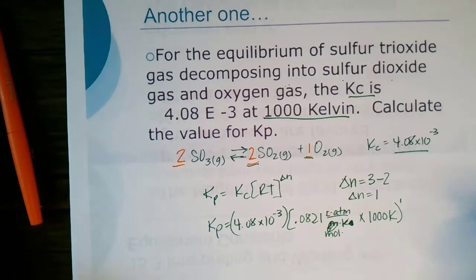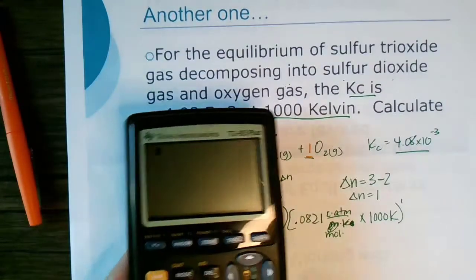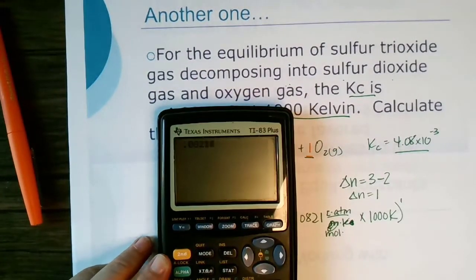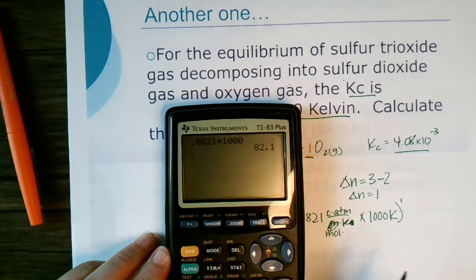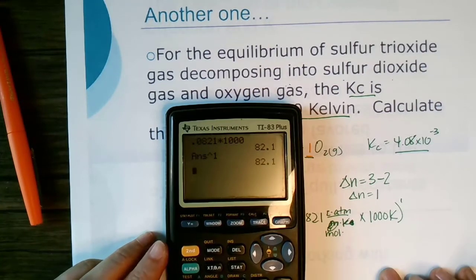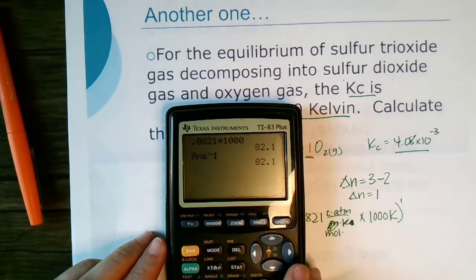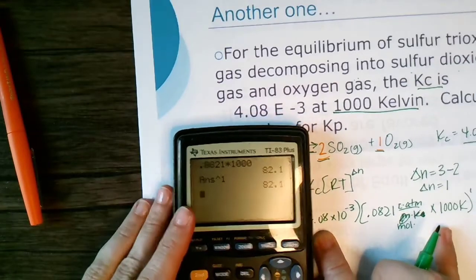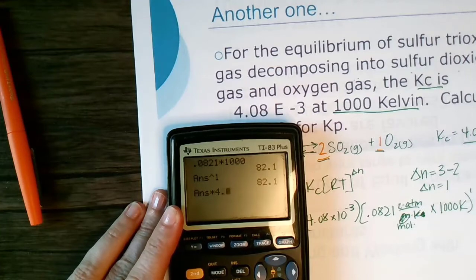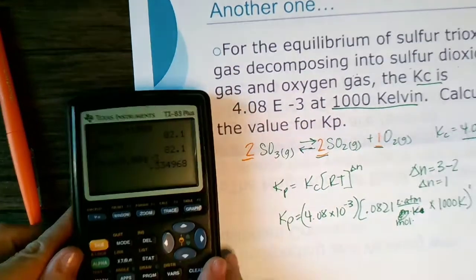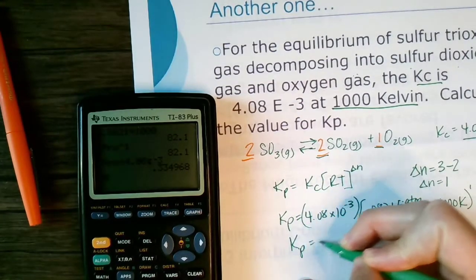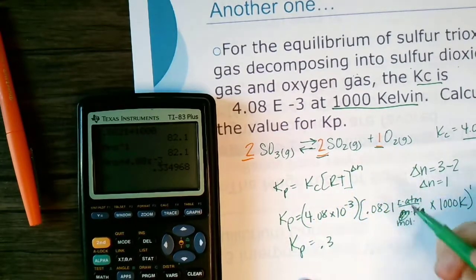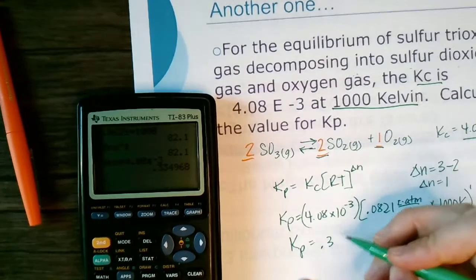So I'm going to take my calculator and do 0.0821 times 1000. And if you feel inclined, throw that to the power of 1, which should give us the same answer, 82.1. Then we're going to times it by 4.08 times 10 to the negative third, and we would get a Kp value of 0.335.